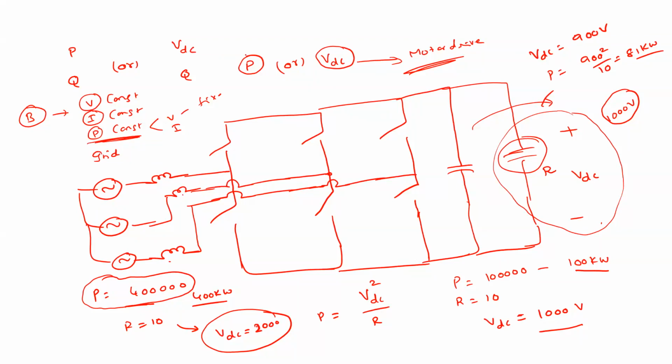In case we are integrating, let us assume, some PV panel, then we need to control the active power. So in the application, either we are controlling the active power or the voltage across this DC side. That depends on the application level. But only one thing is possible.